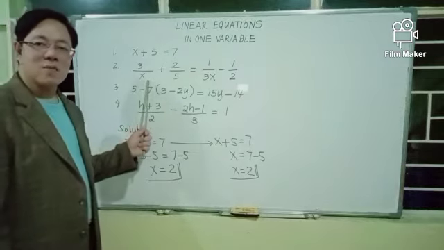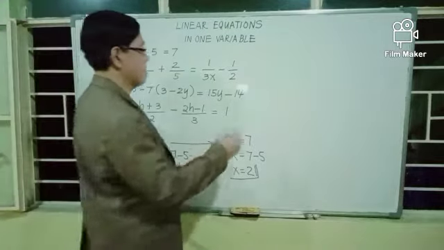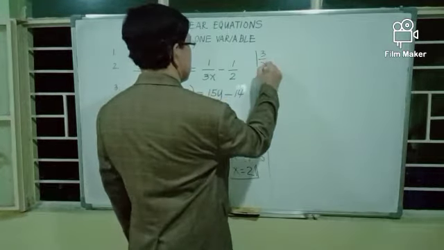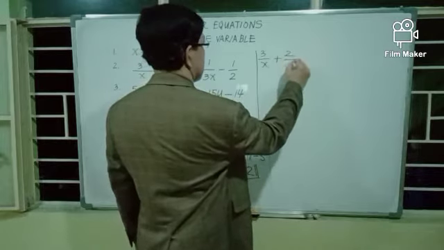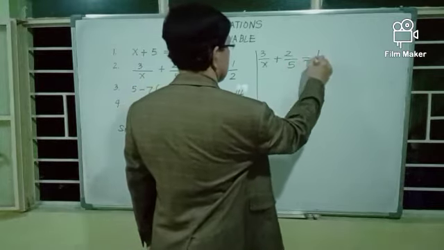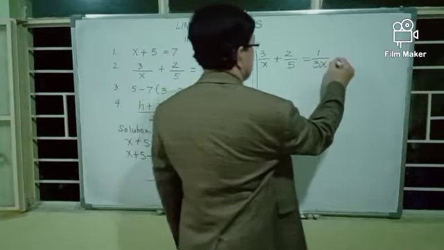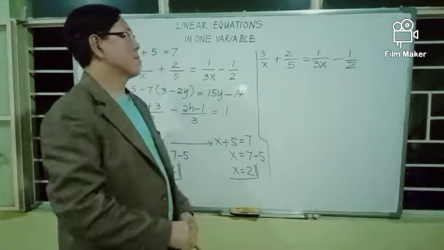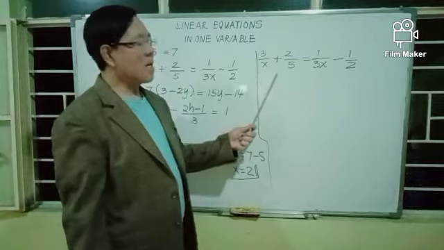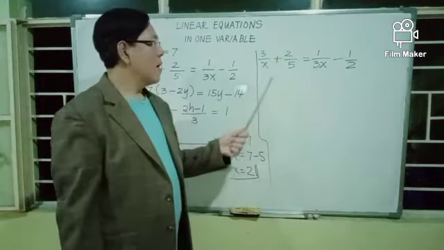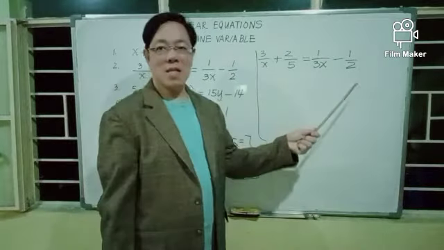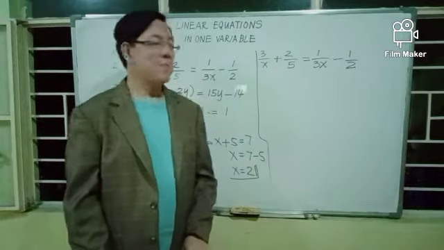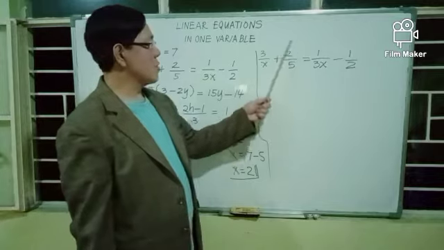It's a linear equation in x and we solve for the value of x. This is a linear equation in one variable x, but the terms at the left-hand side and the terms at the right-hand side are rational expressions and fractions.